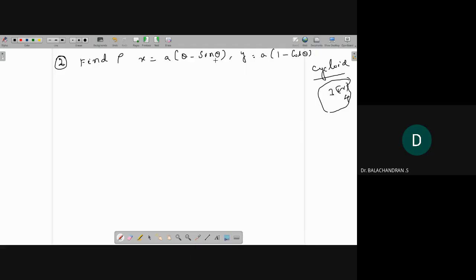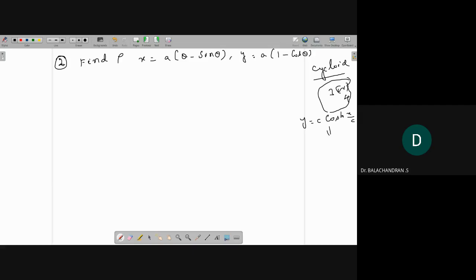Already I gave the equation of catenary, y equal to c into cosh x by c. So you should know the name also.